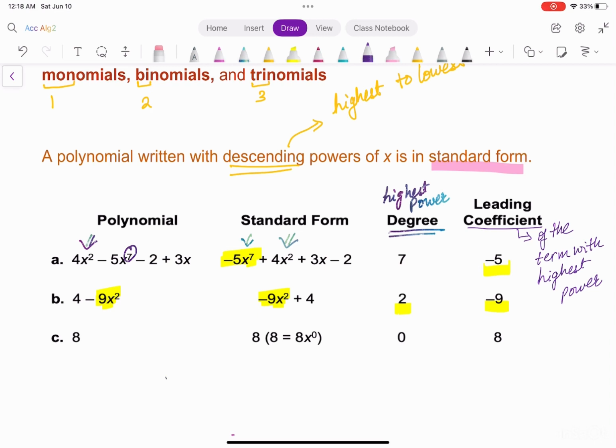In number C, there is no x, but can it be written with x? Yes, because anything to the power of 0 is 1. So basically, we get 8 by writing 8 times x to the power of 0. Because x to the power of 0 is 1, I can rewrite it as 8. So the highest power is 0, and the leading coefficient in this case is just 8.